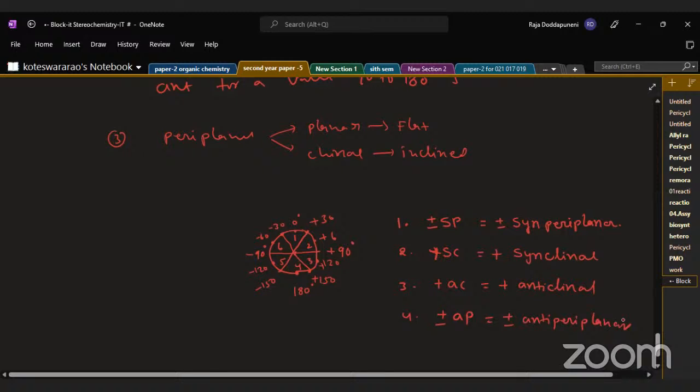Next, the fifth one is minus AC, that is minus anticlinal. And the sixth one is minus SC.